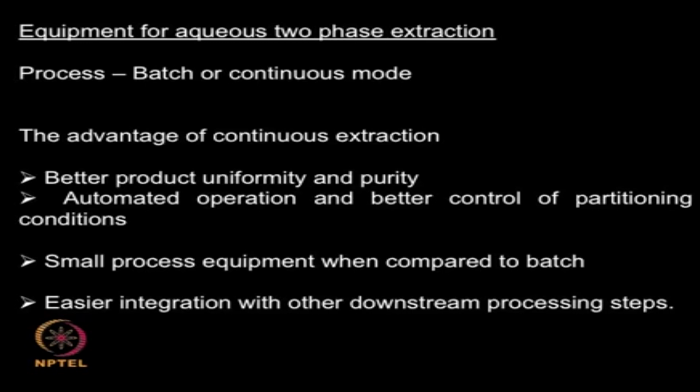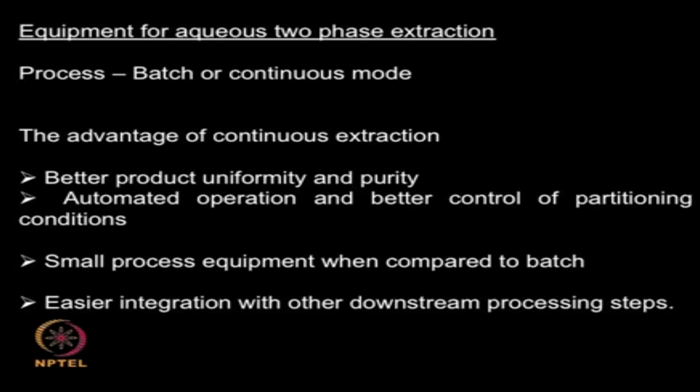We can even go for smaller process equipment compared to batch. In batch you may require a very large tank, whereas in a continuous system we may do the whole job in one-fourth or one-fifth the size of this large tank, and it is easier to integrate with downstream processing. I may have a continuous liquid extraction, then take it to a chromatography which may be operating continuously, then a filter which may be operating continuously and so on.